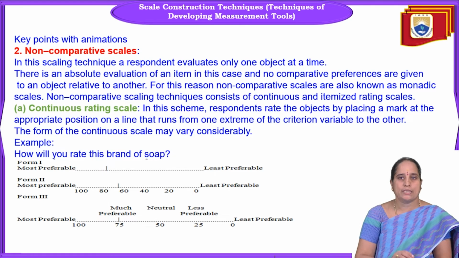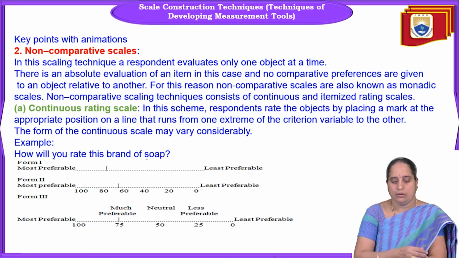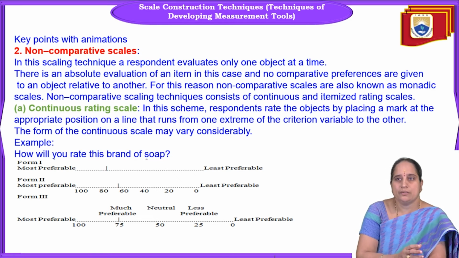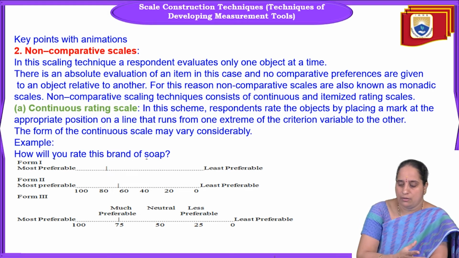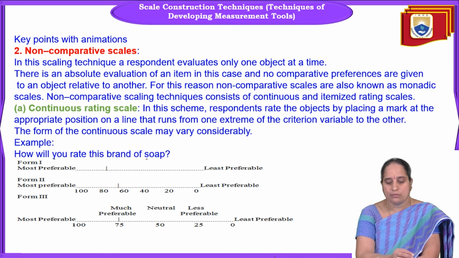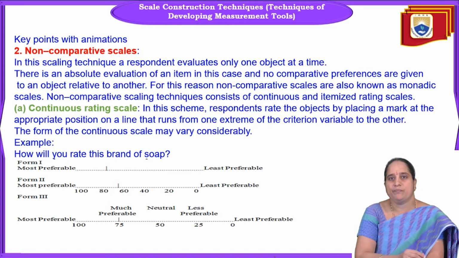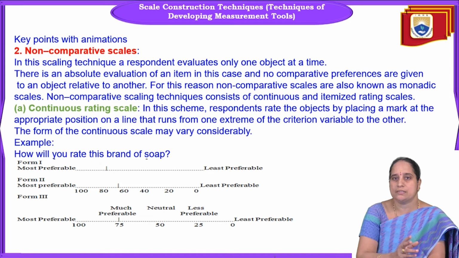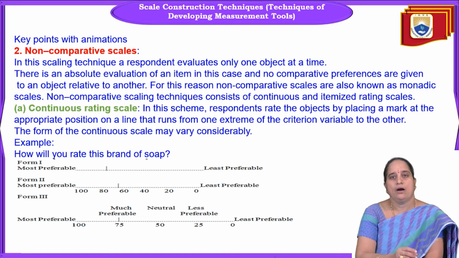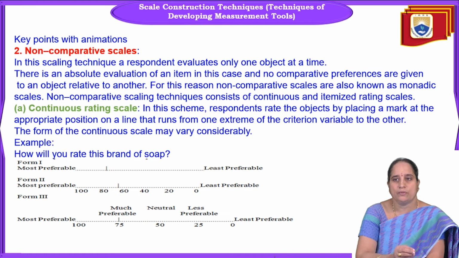Non-comparative scaling techniques consist of continuous and itemized rating scales. A continuous rating scale means the respondent rates the objects by placing a mark at the appropriate position on a line that runs from one extreme to another. The forms of continuous scales may vary considerably. For example, how will you rate this brand of soap? We have three different forms.